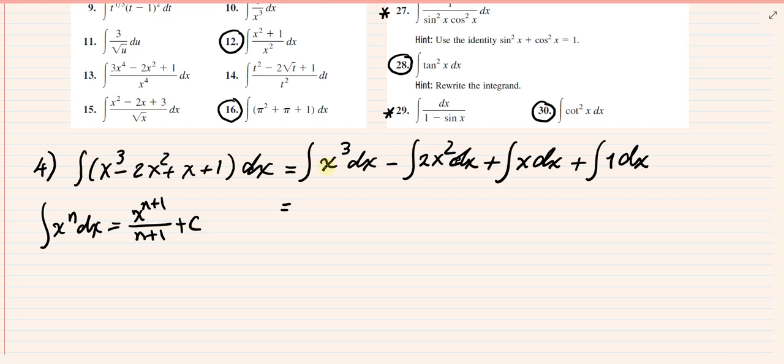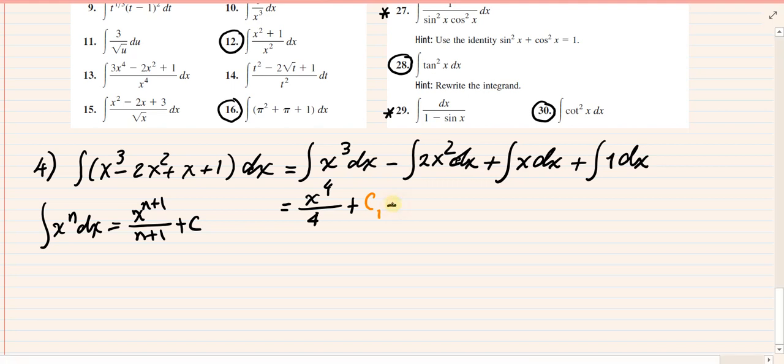So in the first integral, n is 3. That means I'm going to have x to 3 plus 1, that's 4, divided by 4. And I'm just going to write plus a constant of integration, because that's indefinite. That would be the family of antiderivatives.